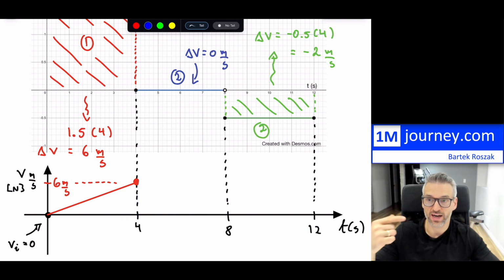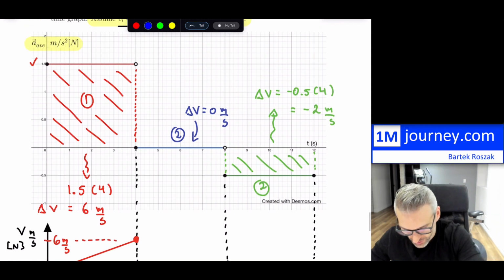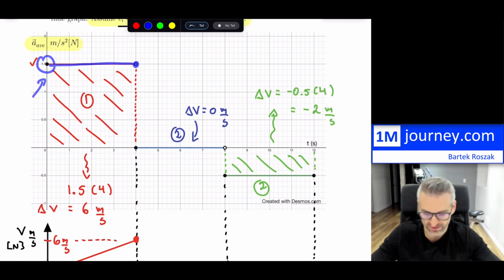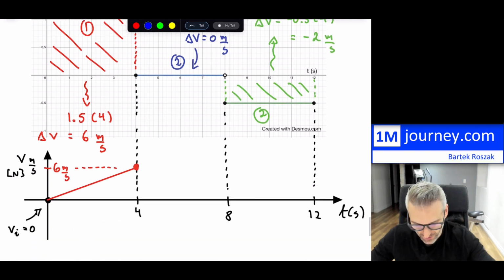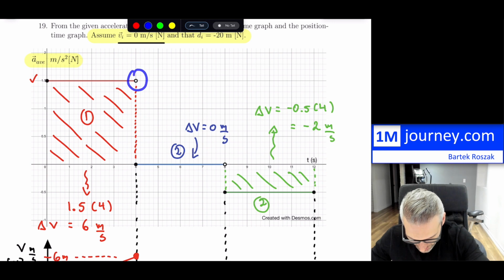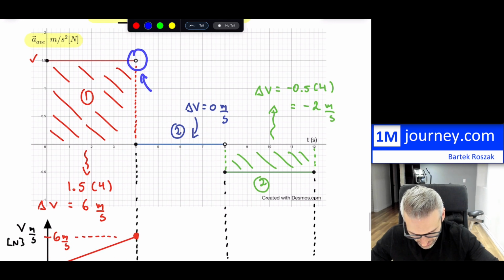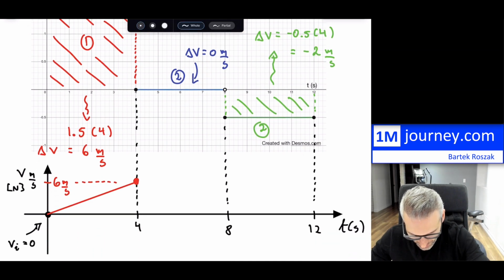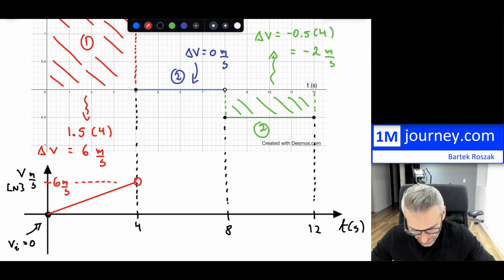So 6 divided by 4 is 1.5, which is exactly what we had over here. So that's what we have throughout this one. Now I noticed that this is an empty dot, so I'll keep that empty over here as well. So let's delete this and put an empty one.